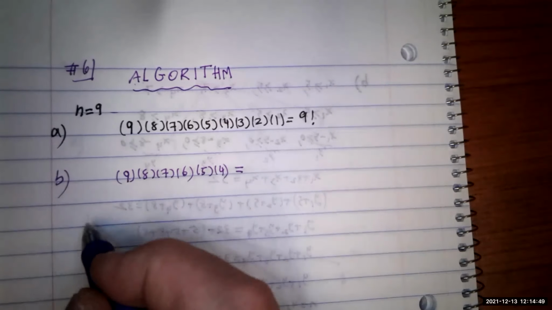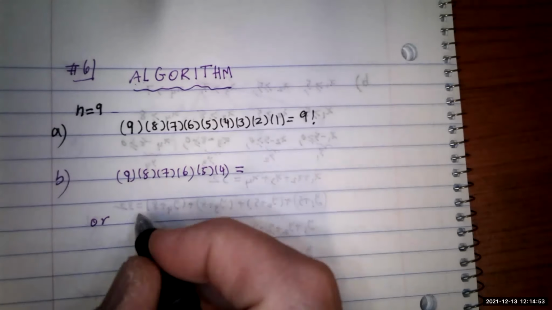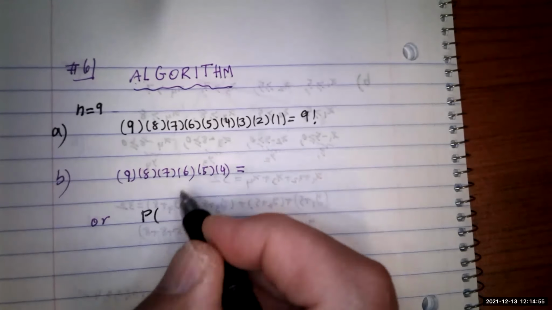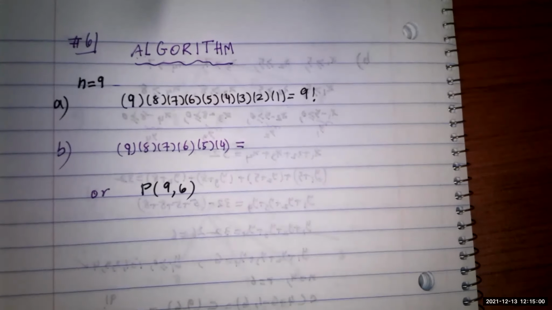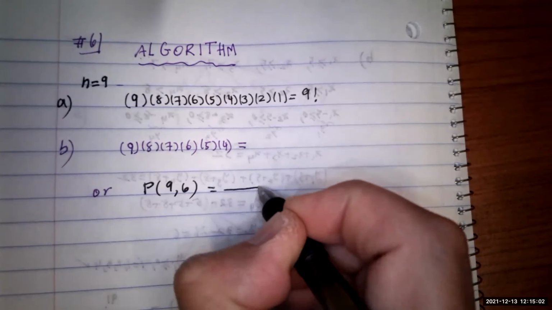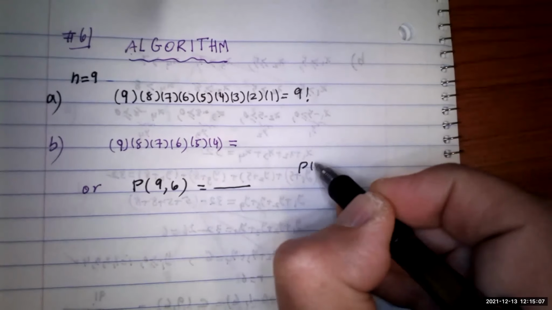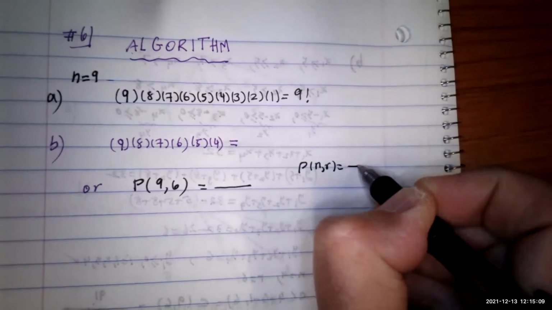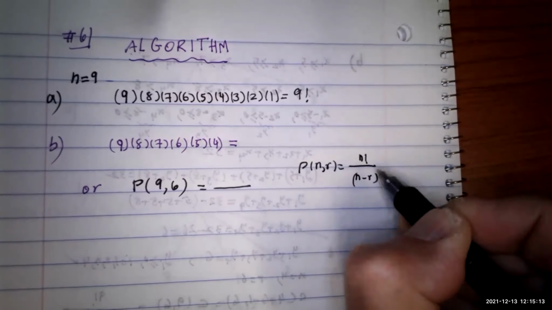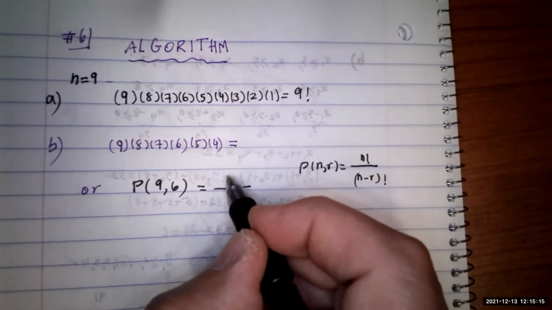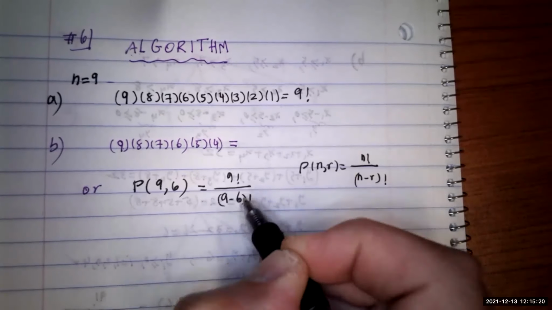The other one is simply that this is going to be a permutation of 9 letters, 6 at the time. So P of 9 and 6, and you know that P of 9 and 6 is what? Just to remind you, this is n and r. So this would be n factorial over n minus r factorial. So that gives you 9 factorial over 9 minus 6 factorial.